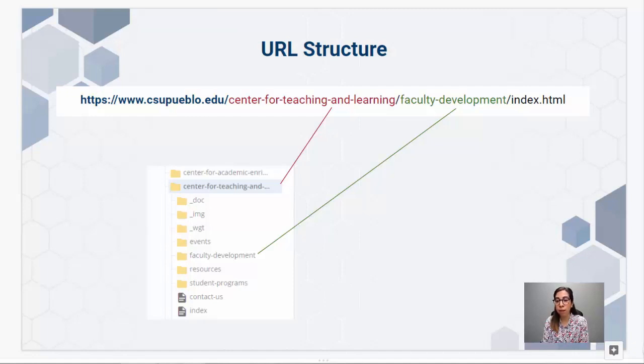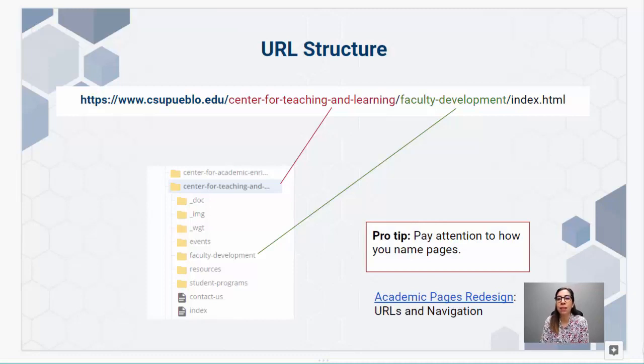So you do have the option of adding pages, and the pro tip that we share with that, I guess that's what we're calling it, pro tip, is to pay attention to how you name any content you add inside of root folders, because it does shape the URL. It's part of the URL, and it really helps with SEO to make sure that you include the entire name, which is why we have some really long URLs for the different colleges, for example.